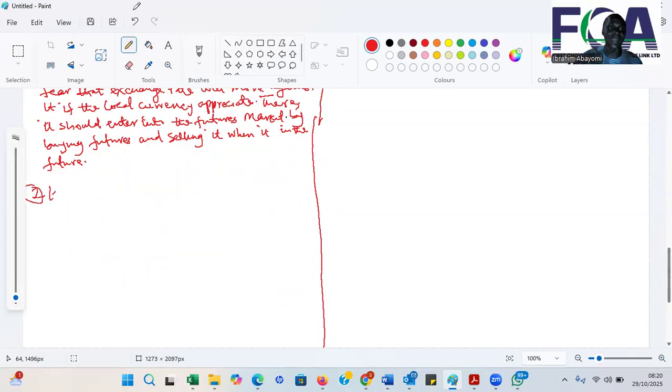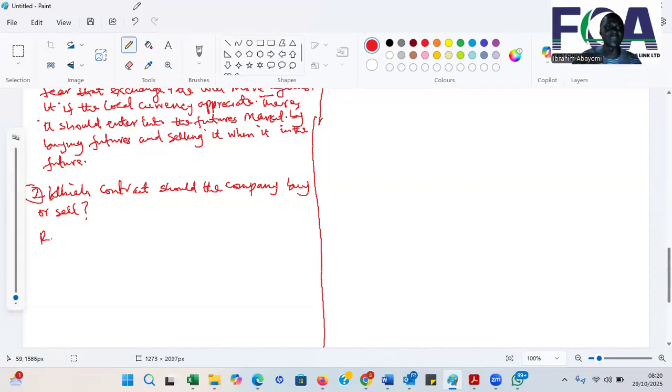which contract should the company buy or sell?